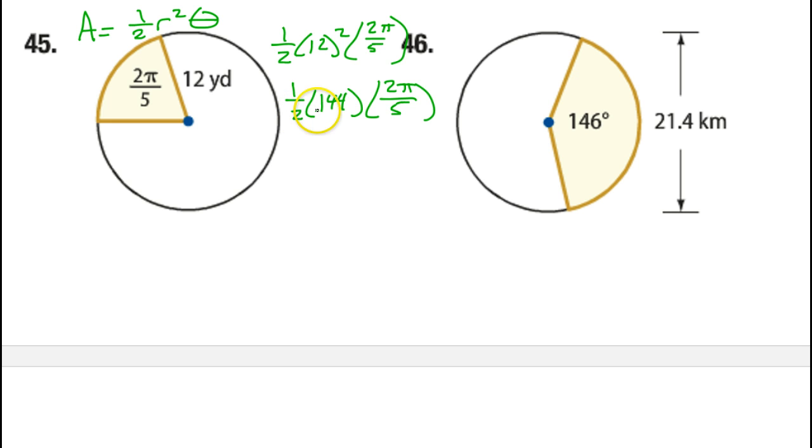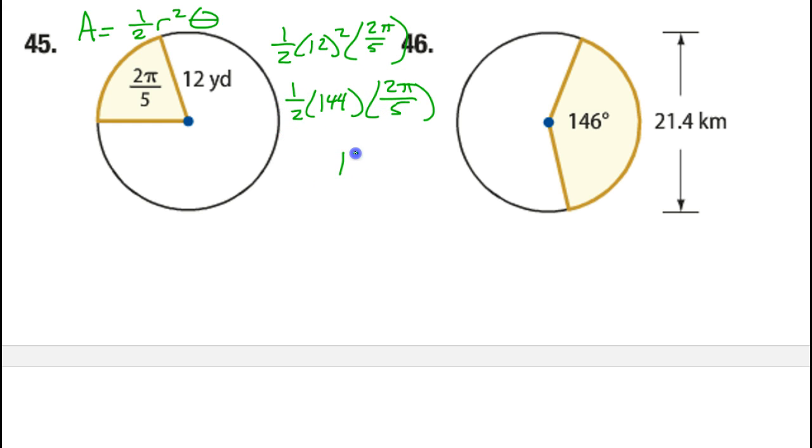Half of 144 is 72. Well, this is silly, because I see the half and I see the 2, so the 2 and the half are going to cancel each other out.